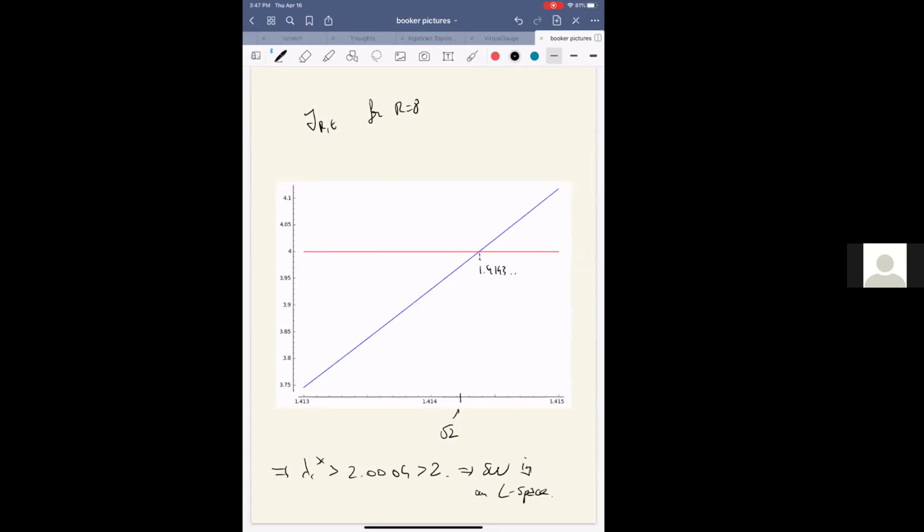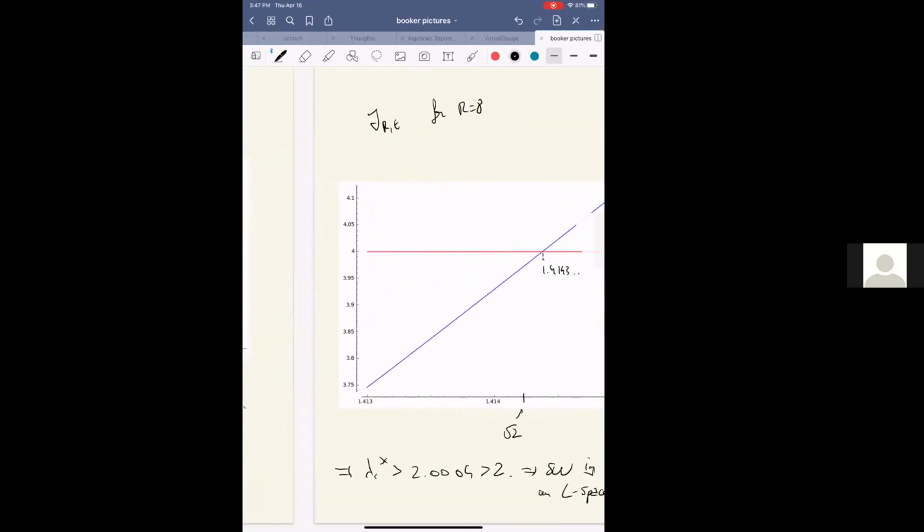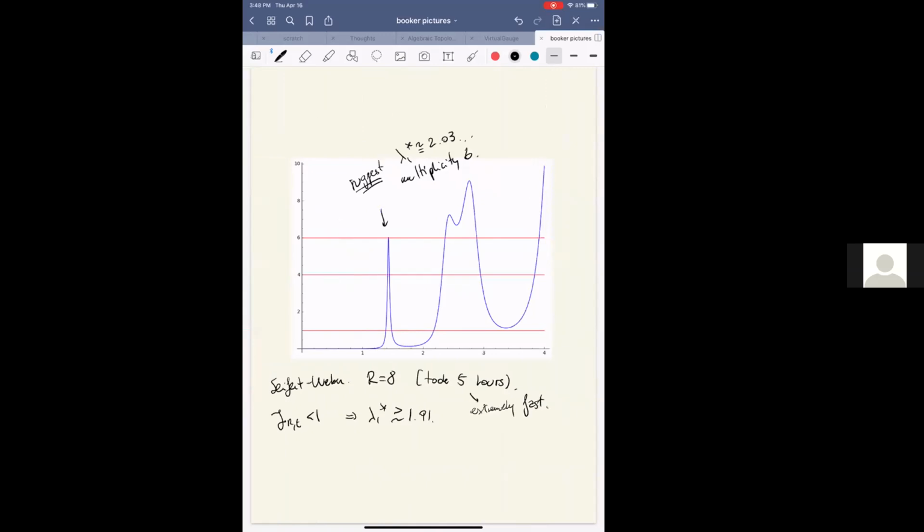If you don't feel safe with these digits, you can do the computation up to 8.6, and then you get maybe one less 0 or something. But I guess the main idea of our approach to prove that Seifert Weber is an L space is that our previous work only used multiplicity 1.